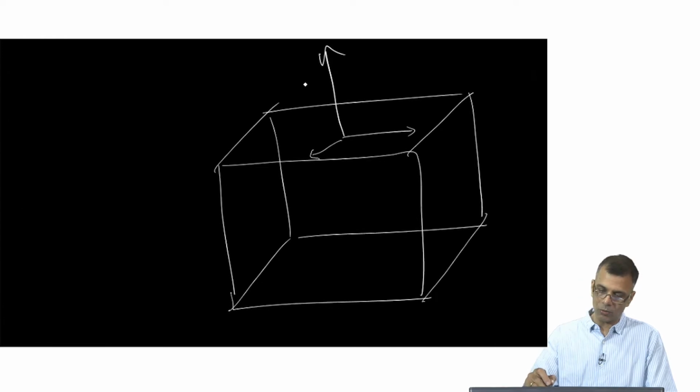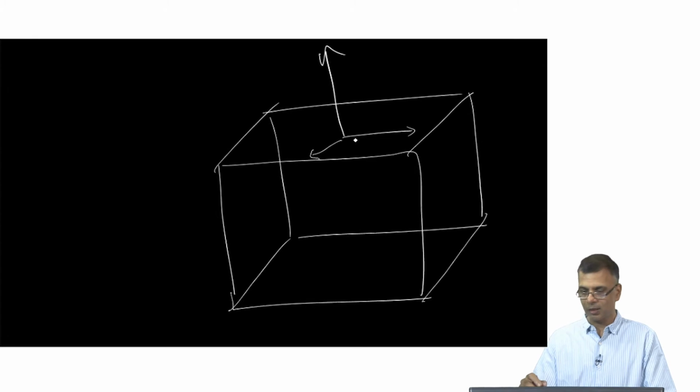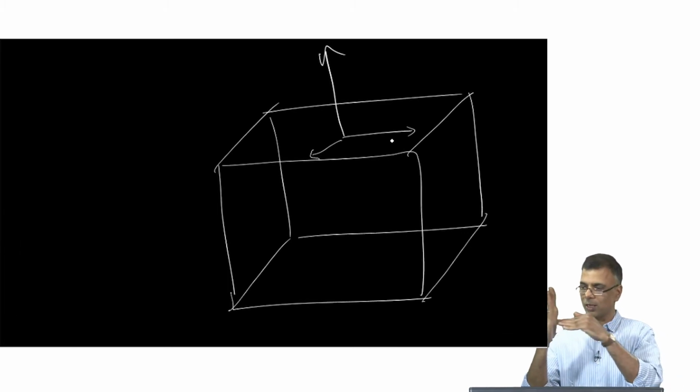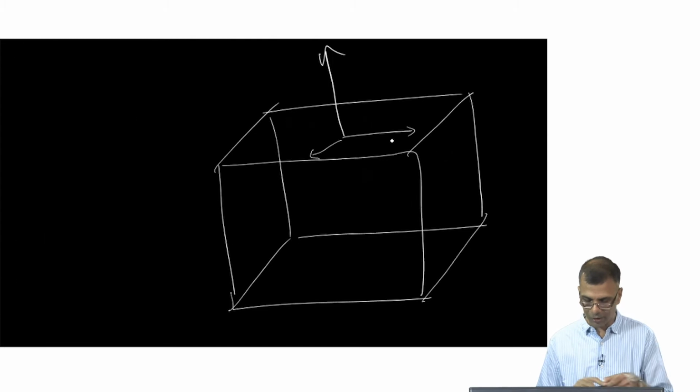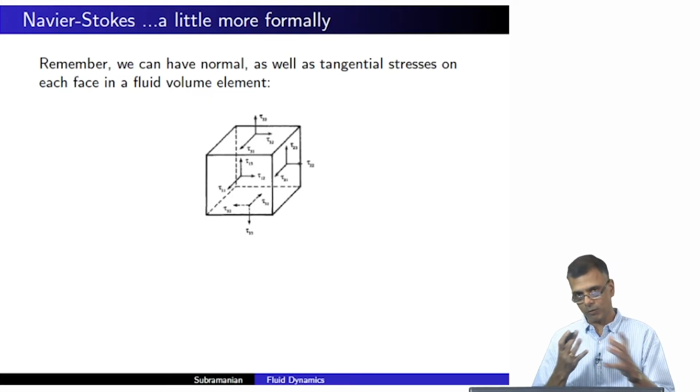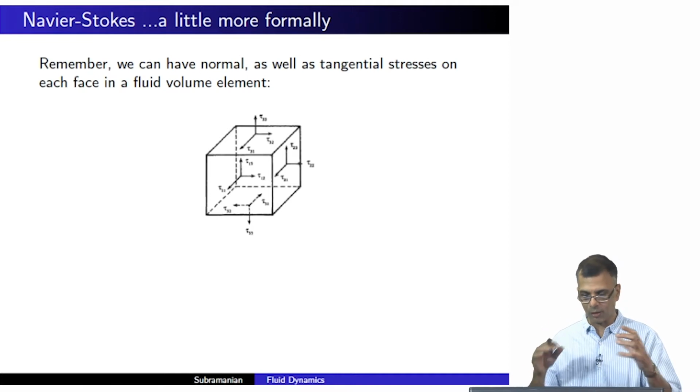These normal forces would represent pressure, and a normal stress would be like this, and tangential stresses would be like this or like that. As we've said several times before. And this volume is of course an imaginary volume. It's not an actual physical thing.